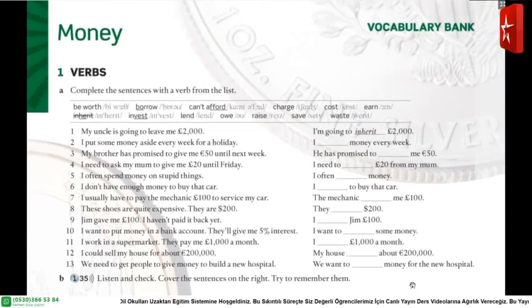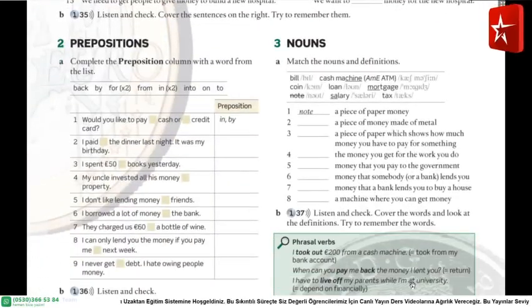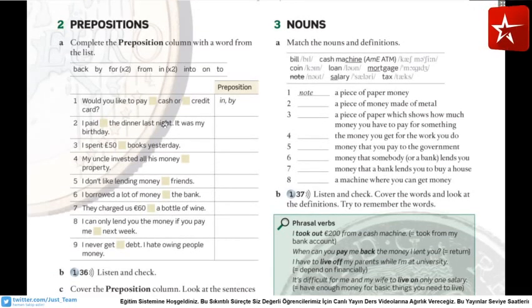All right, great. Let's continue with the prepositions. Prepositions that we use before or after the verbs. Most of the time we use them after the verbs, not before the verbs. Okay, so the number one, we have the answers here. After some verbs we must use prepositions. Would you like to pay?